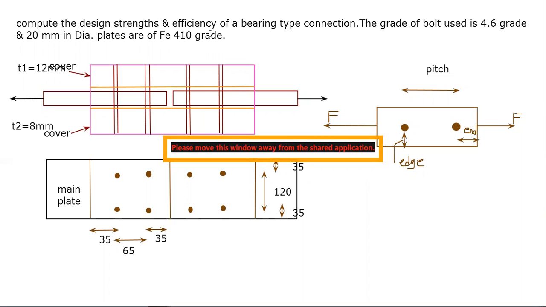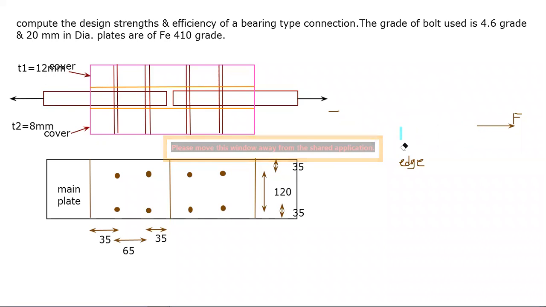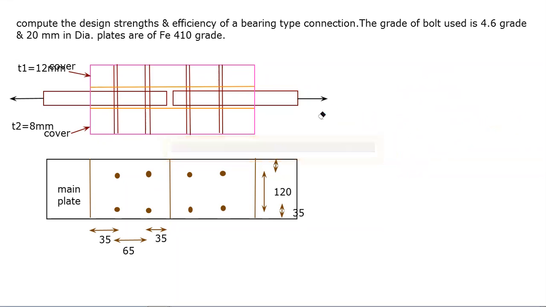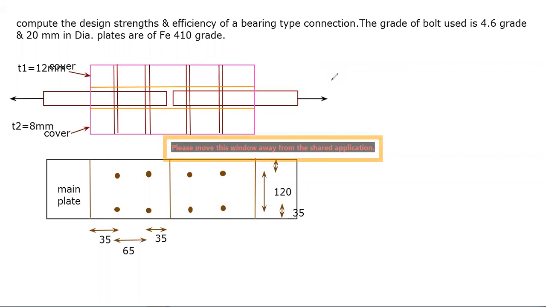Now we will move further, we will try to solve the numerical now. What we need to find is the design strength and efficiency. This is the given condition.